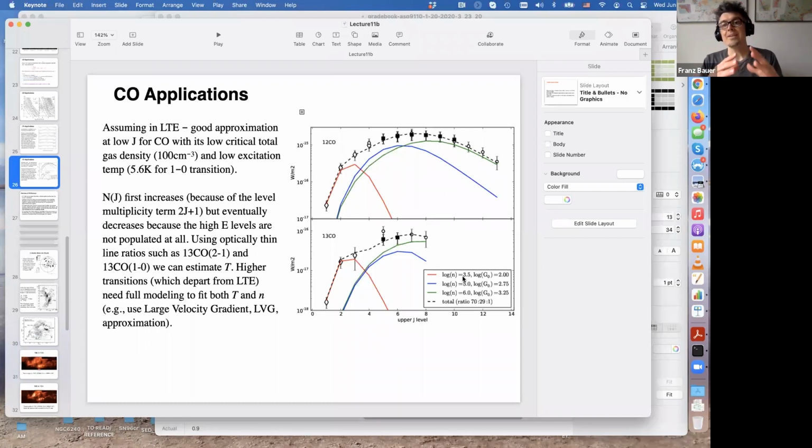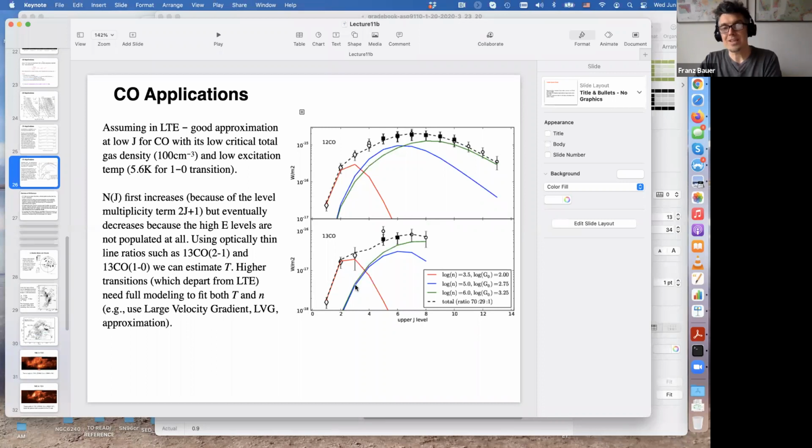The problem is that if you say let's get a very dense material, that's this green line here, generally you see only high excitation or mid-J level lines, and then it drops down dramatically. So the ratio between these and these is an order of magnitude, and you see that in actuality the ratio between them is only a factor of 3.